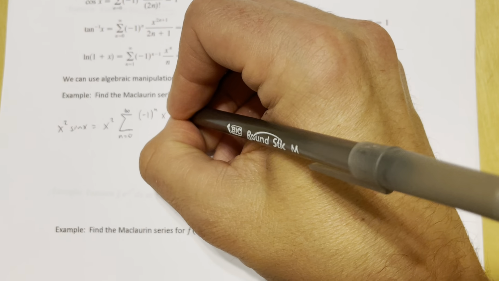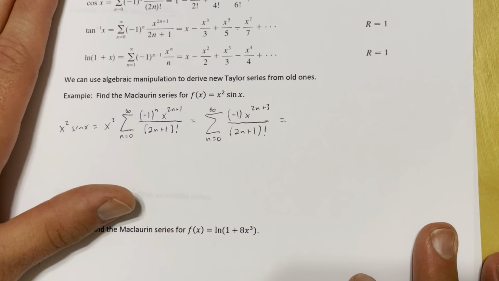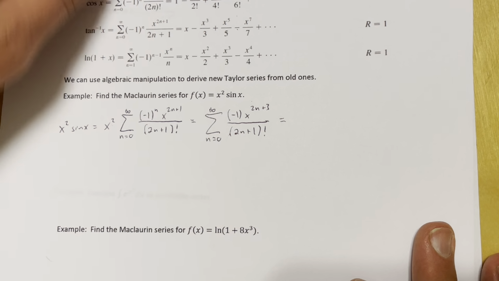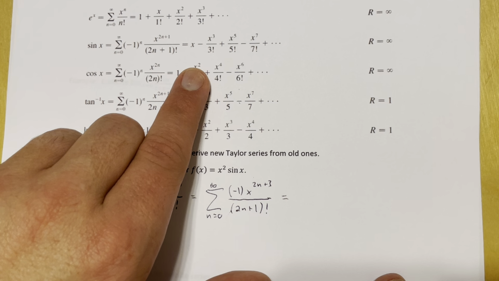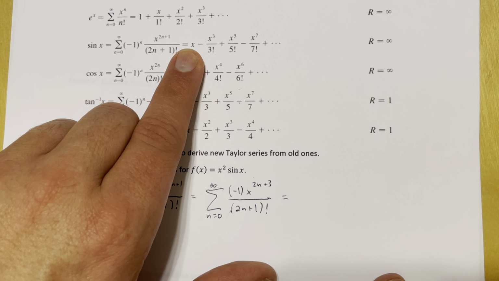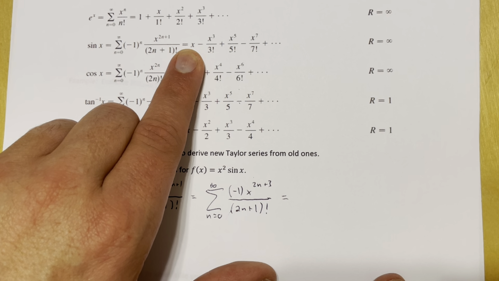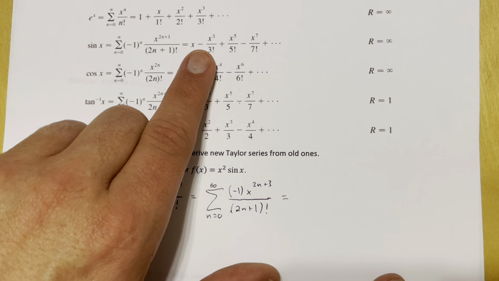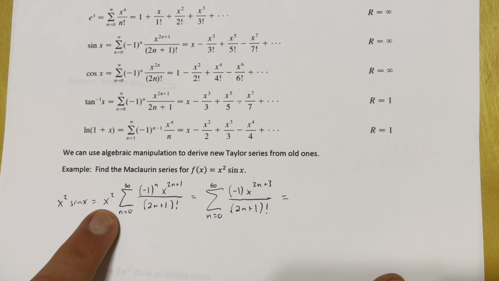So I didn't need to go through that process of finding that really complicated set of derivatives and plugging numbers in and all of that kind of stuff. I just was able to multiply x squared directly into the power series that we already have. If I wanted to write out the first few terms of this, I can evaluate this using the summation, or I can think this is what sine of x would normally look like as a Maclaurin series, and I'm just multiplying each one of these terms by an x squared.